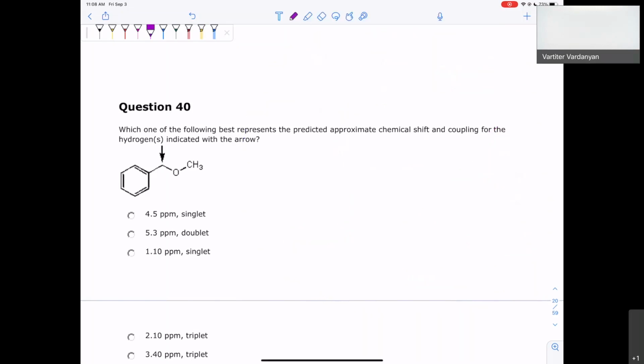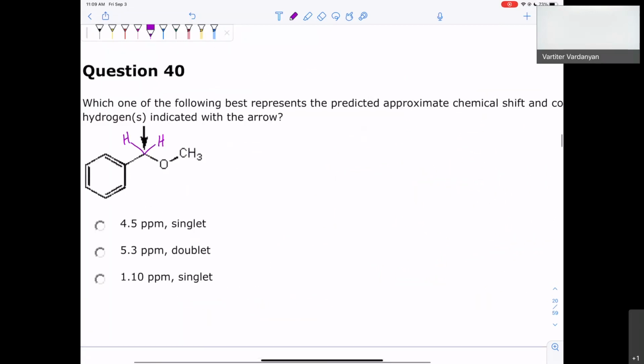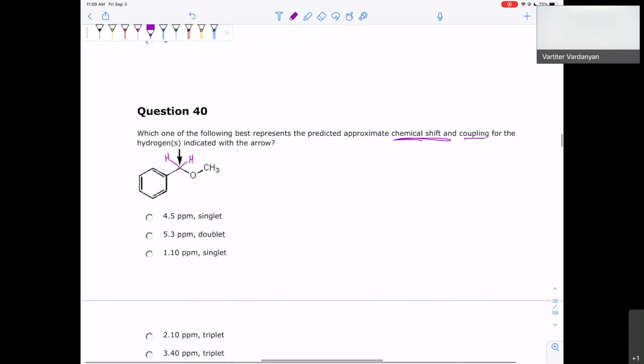All right. For this question in particular, it is asking you about these hydrogens, and it wants the chemical shift and the coupling. What's another word for coupling? Splitting.